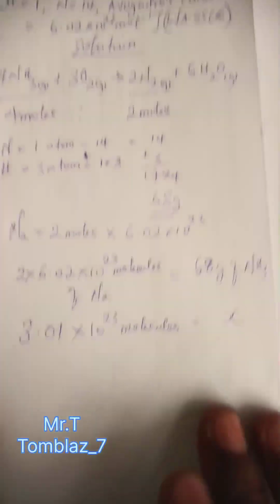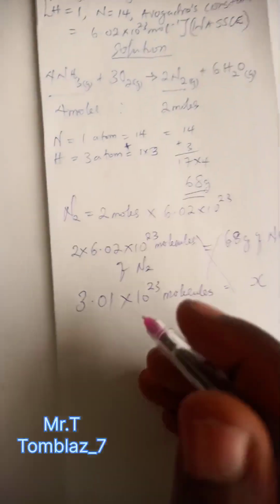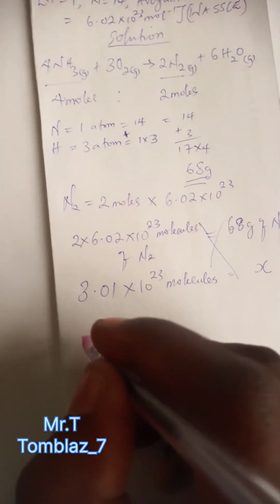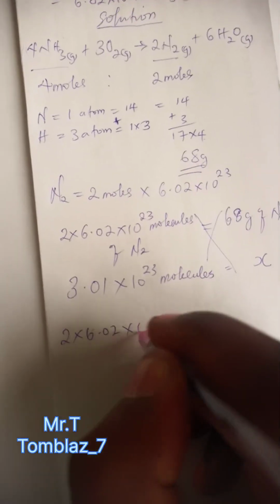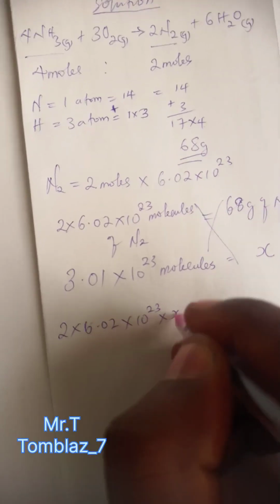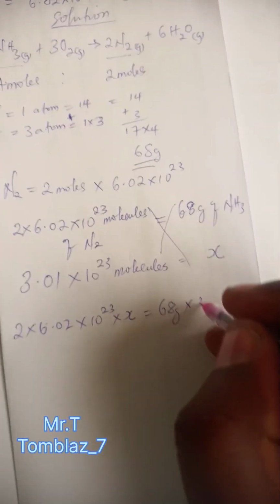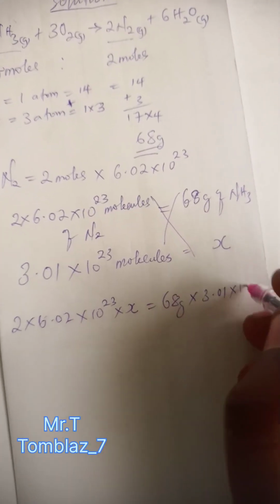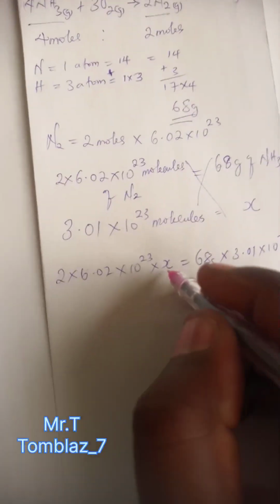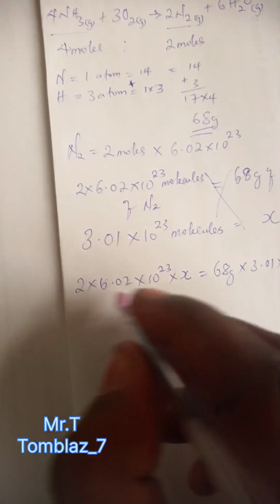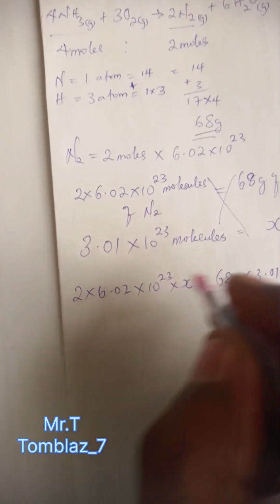X. Are we good? So if we cross multiply now, we have 2 times 6.02 times 10 raised to power 23 times x is equal to 68 grams times 3.01 times 10 raised to power 23. So since we are looking for x, we divide by 2 times 6.02 times 10 raised to power 23.